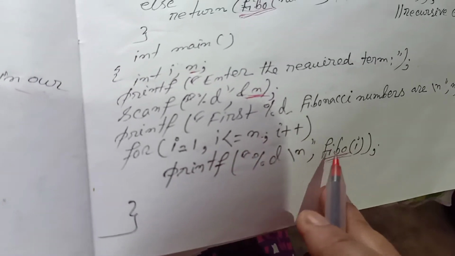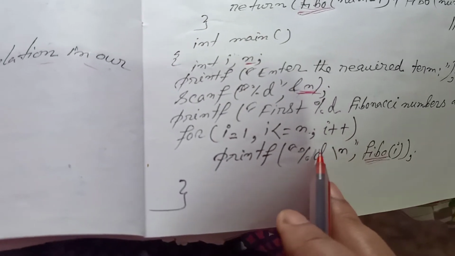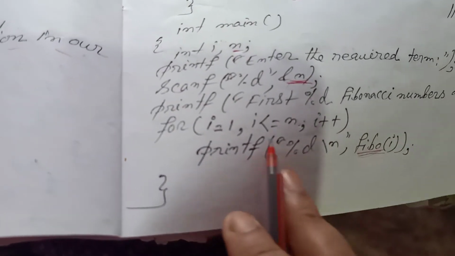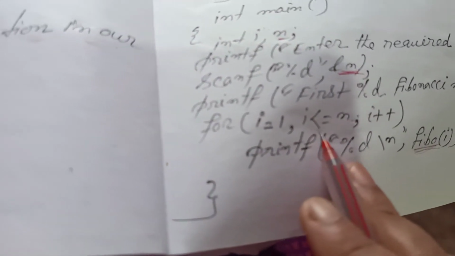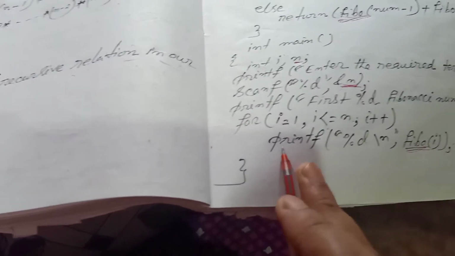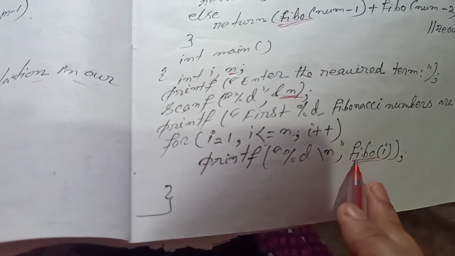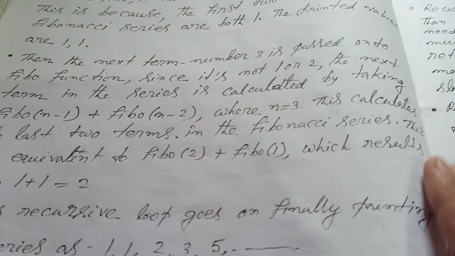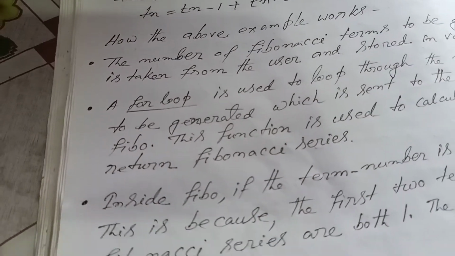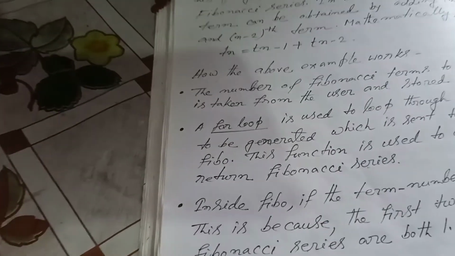The same calculation is needed again and again, so we are using the for loop to simplify the problem. And within the printf we are calling the Fibo function. That means the calculation is done by using the recursive function Fibo again and again.